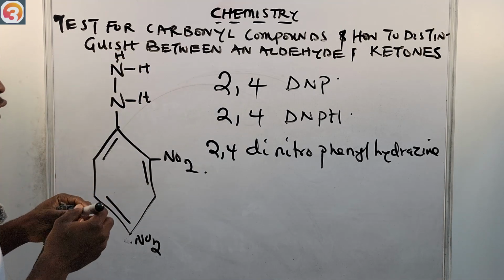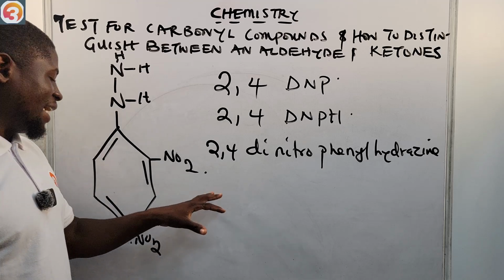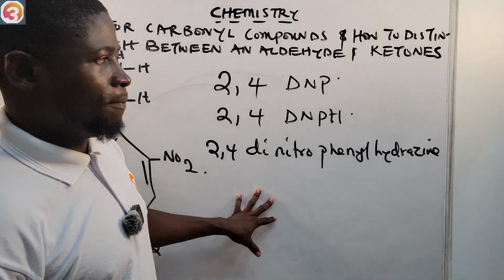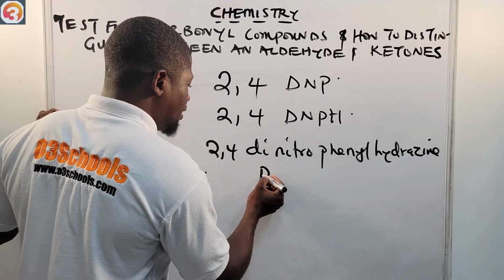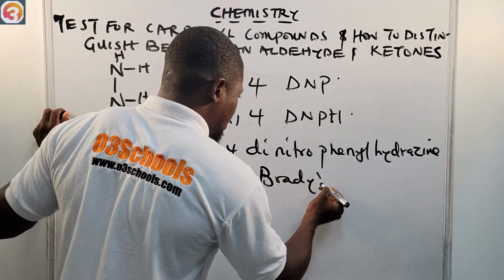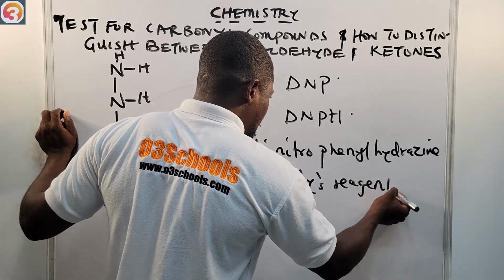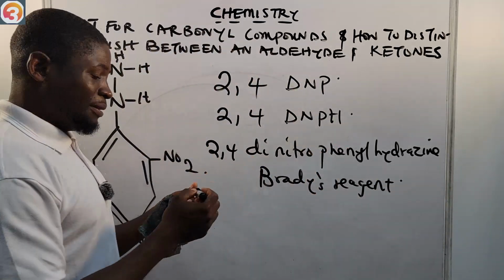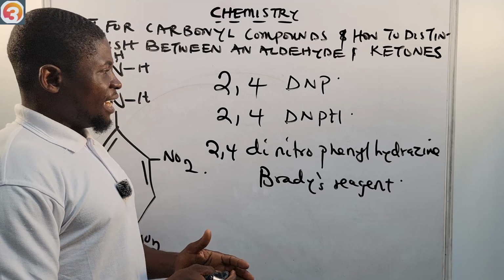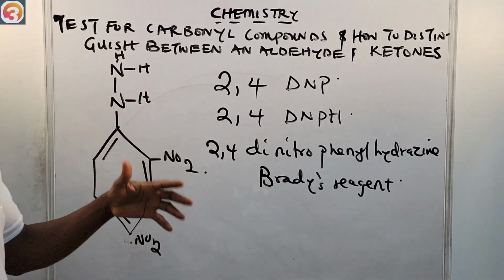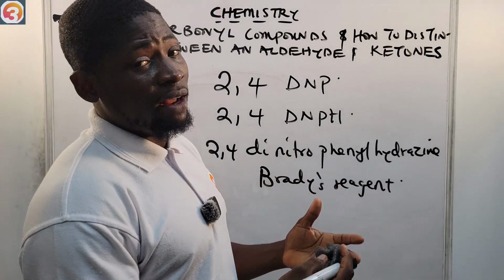So this is the structure of your 2,4-dinitrophenylhydrazine. This is also called Brady's reagent. So you may not see 2,4-DNP, but you may see Brady's reagent. So you can just commit that to memory. Now, how do we use this to test for carbonyls?